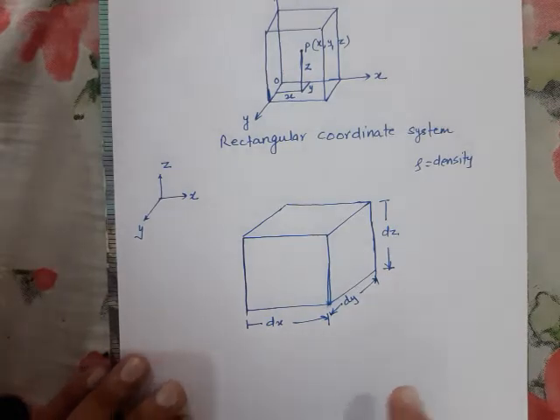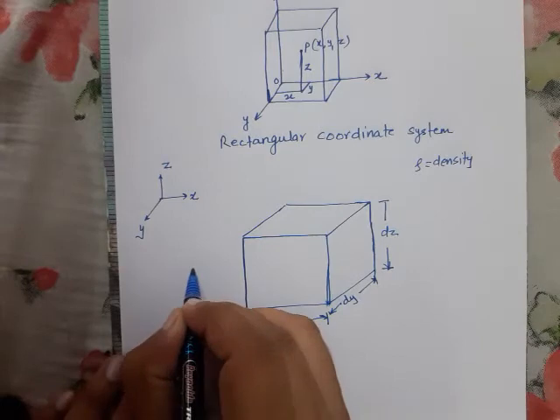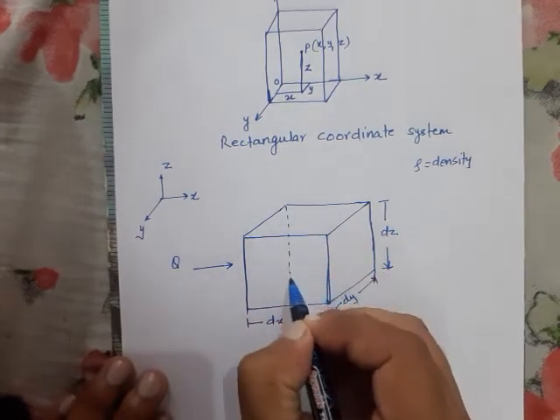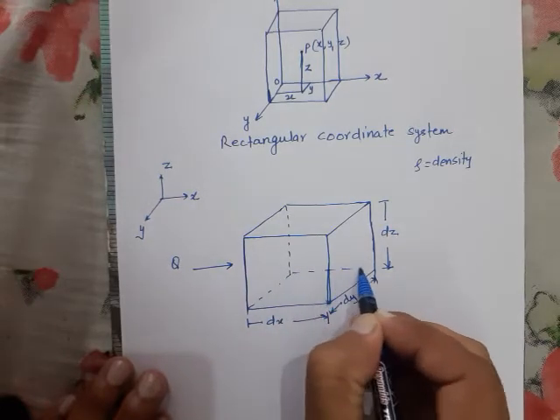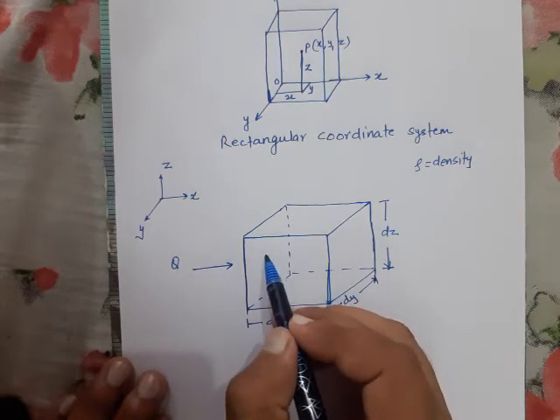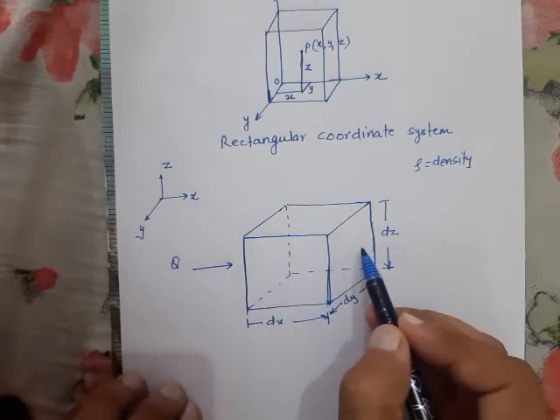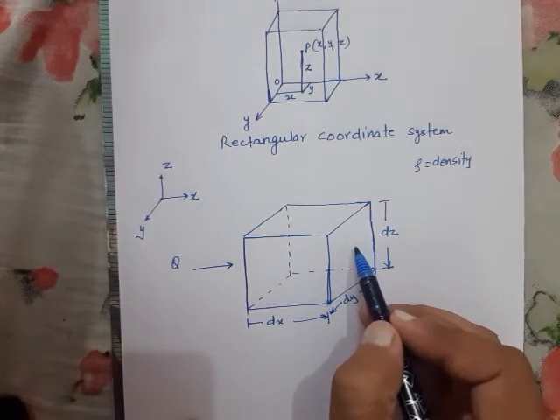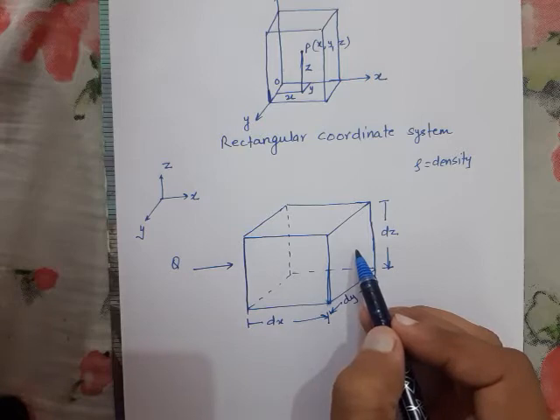Now, to derive the equation, I need to consider all the heat transfers associated with this rectangular element. This rectangular volume element is characterized by 6 faces. This is the x face, the extreme left face, and the extreme right face is the x plus dx face. Please note the terminology, as I am going to use it every time.